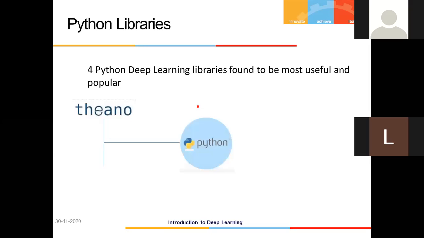One is Theano, a well-known Python library, and from Theano we have got TensorFlow. Nowadays TensorFlow is very famous because of its visualizing capability. You have a very good visualizing tool which helps you to visualize this.